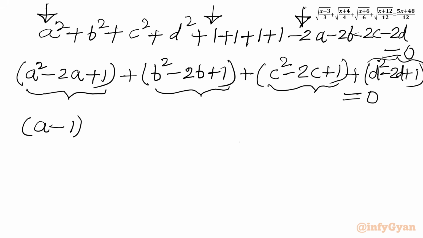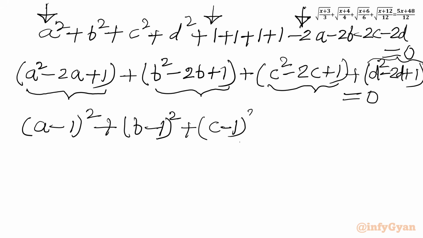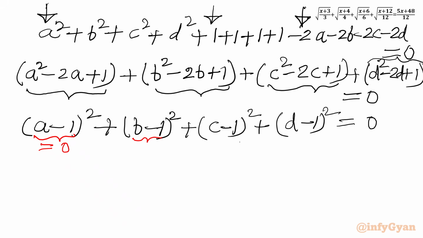So we can write (a minus 1) whole square plus (b minus 1) whole square plus (c minus 1) whole square plus (d minus 1) whole square equal to 0. Sum of squares equal to 0. This will be possible if each bracket equals 0.